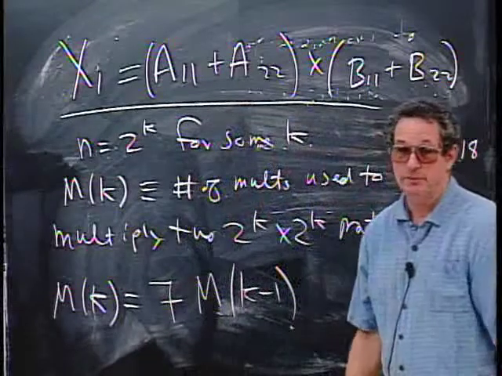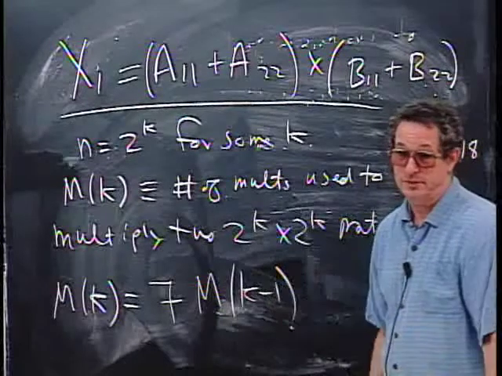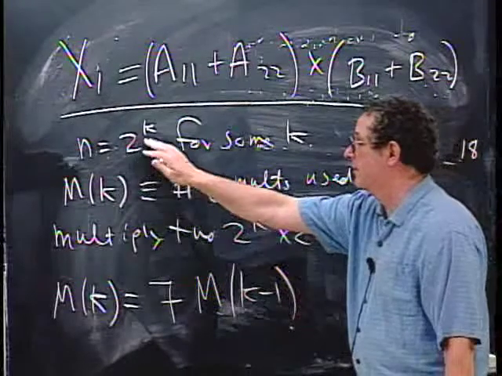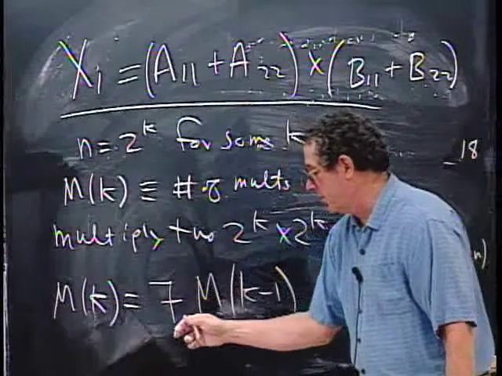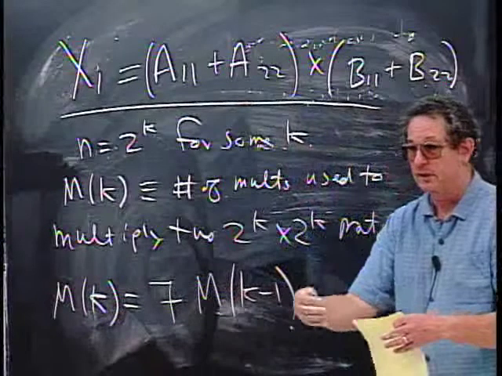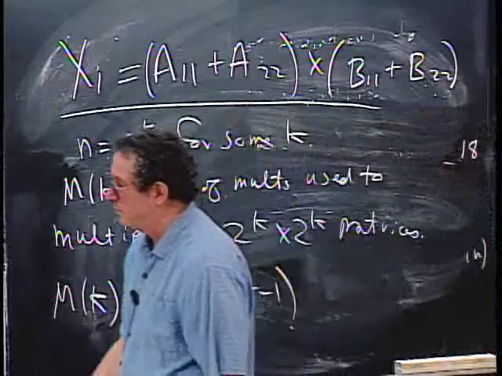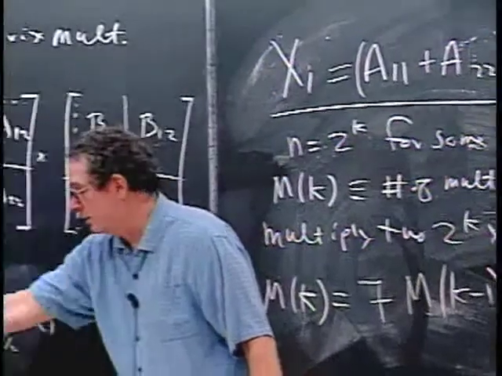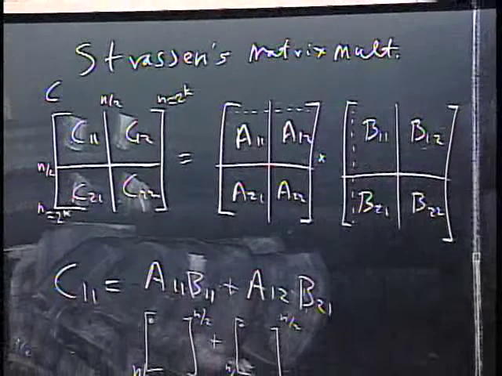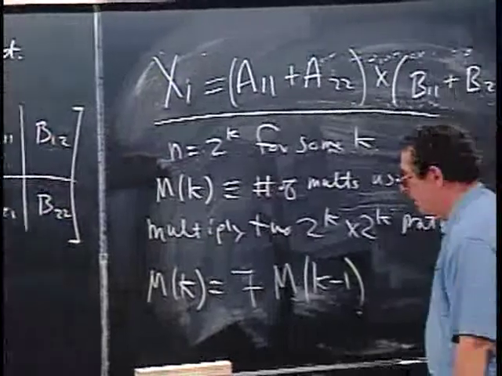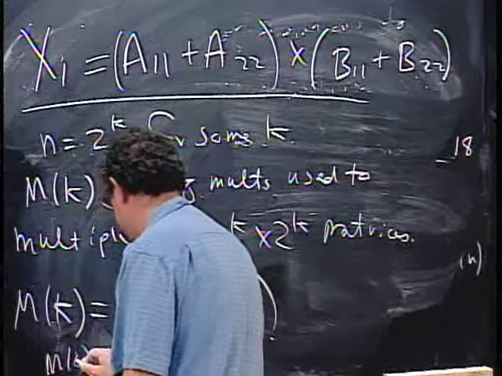This is just counting the number of multiplications in the Strassen approach to multiplying two large matrices of 2 to the k by 2 to the k. We get this recursion because we're multiplying 7 pairs of matrices of dimension 2 to the k minus 1, one times another of that same dimension. So we have 7 M_{k-1}, and ultimately M_0 is equal to 0.